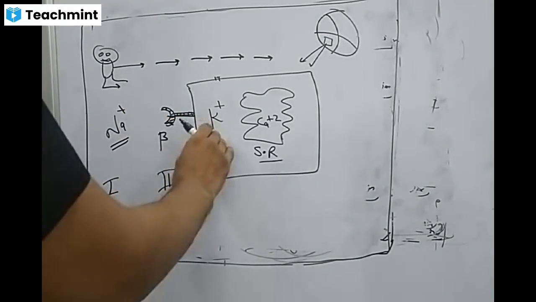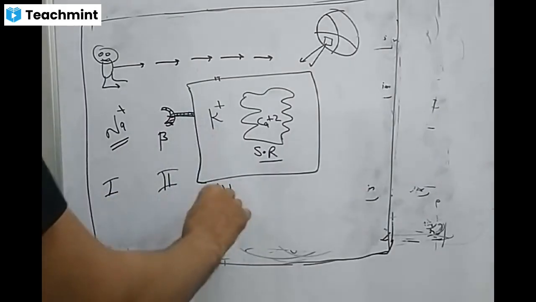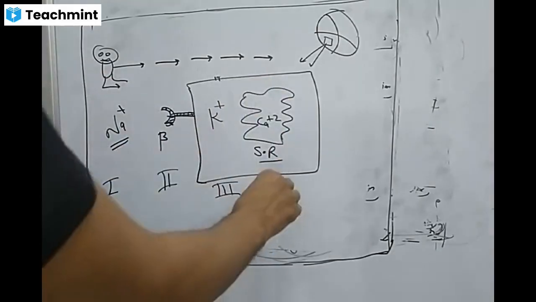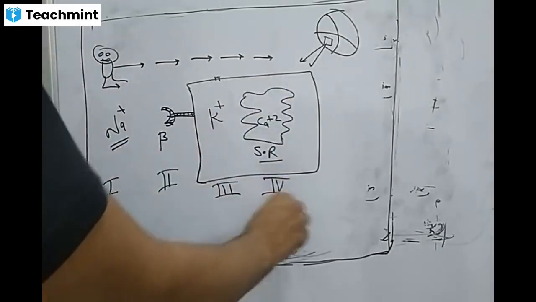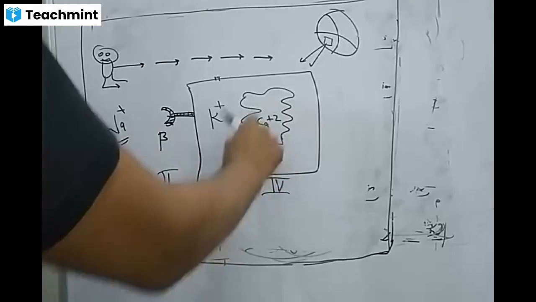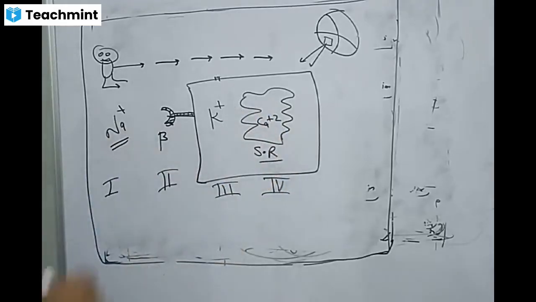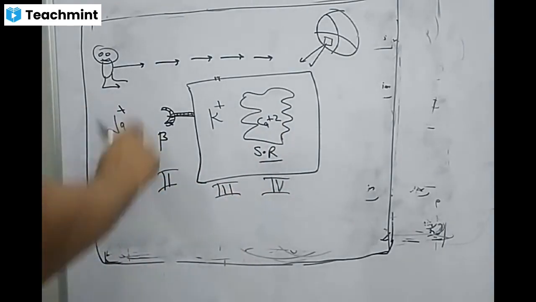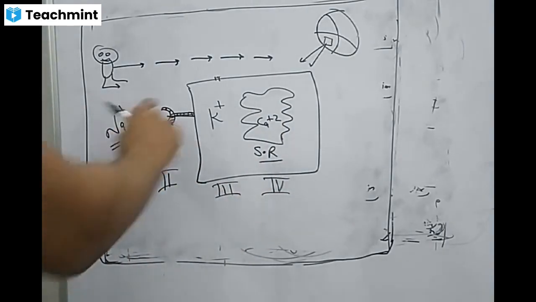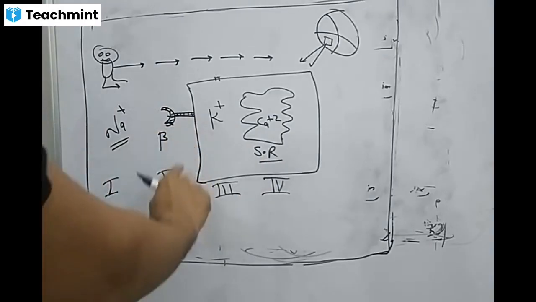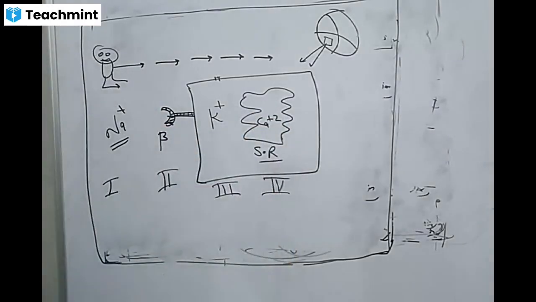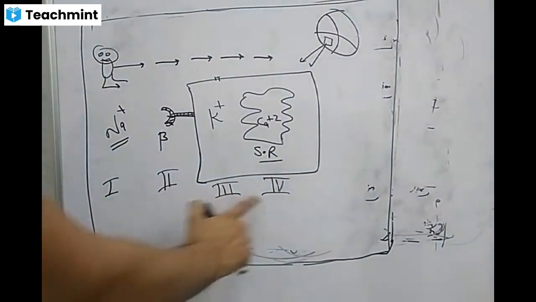If you move inside the cell, number 3 is potassium. If you move further, you reach the sarcoplasmic reticulum filled with calcium. So we moved 4 steps: first sodium outside the cell, second the beta receptor, third potassium, fourth calcium.